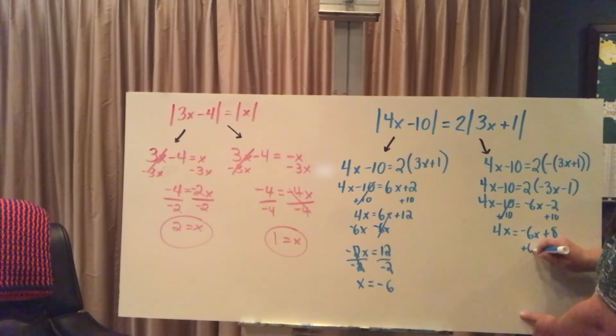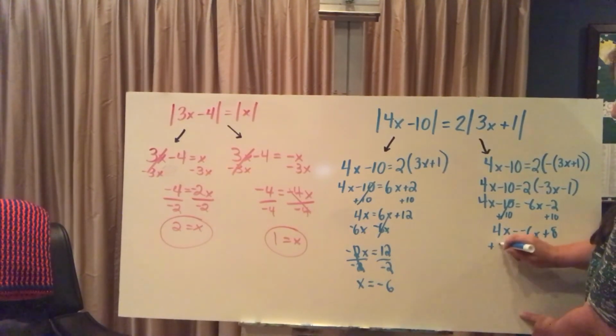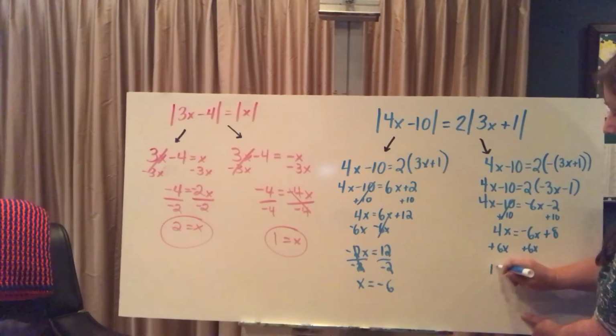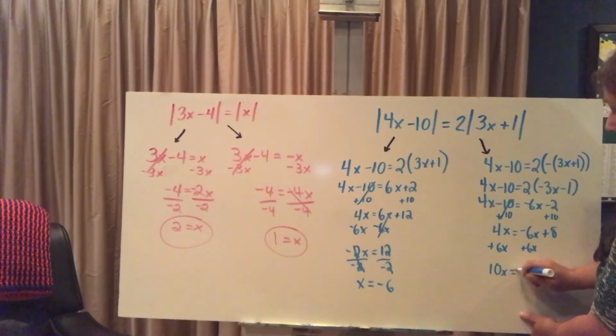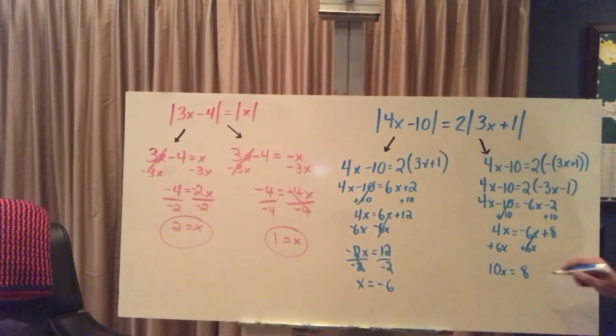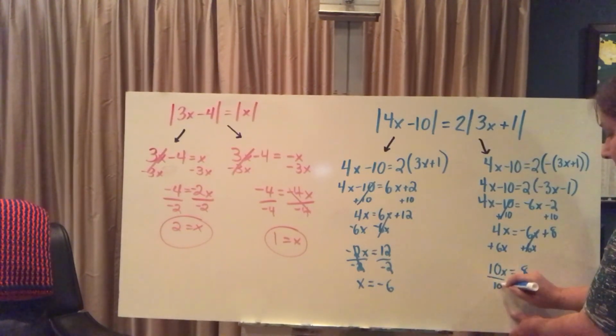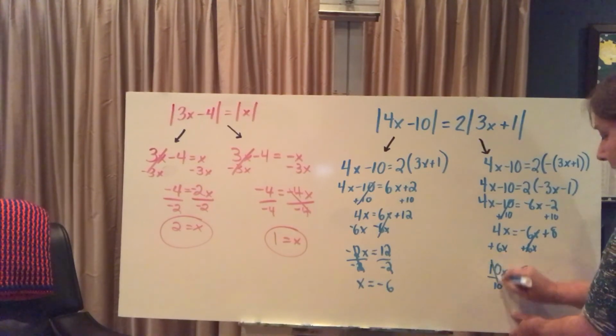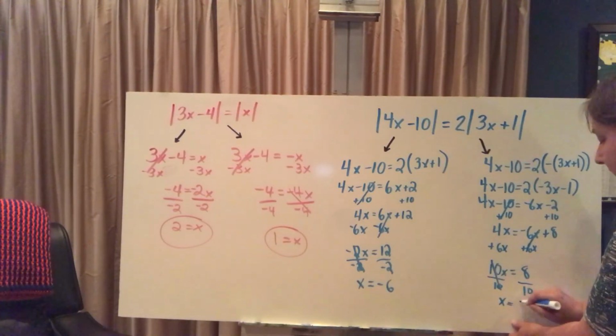I'll add 6x to each side, and I've got 10x equals 8, and then I will divide each side by 10, and I'll get x equals 8/10 or 0.8.